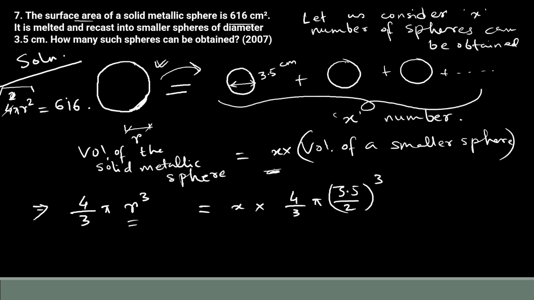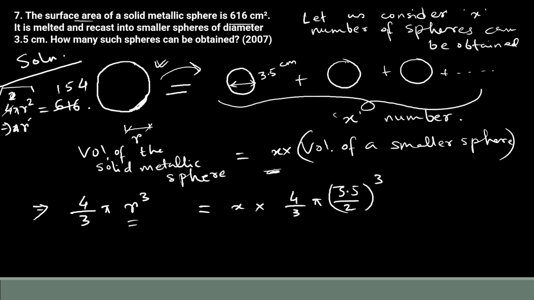From here, 616 gets divided by 4, 4 ones are 4, 4 sevens are 28, 154. And this is 22 by 7.